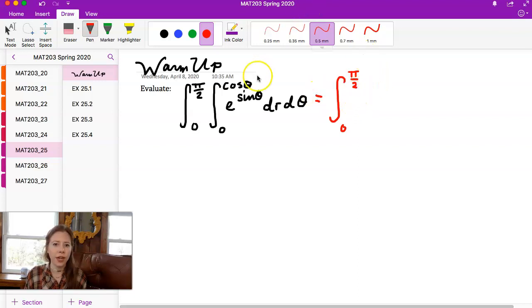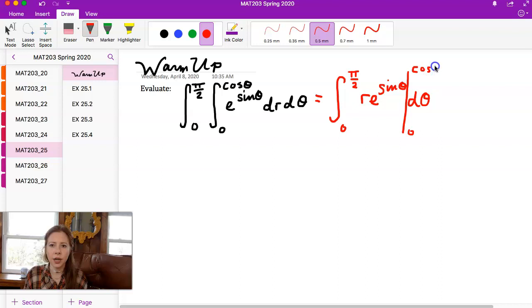And then there's no r in this exponential here, so it's just going to be r times e to the sine theta, so that part's not too bad. And we still have our d theta. And we're going to have to evaluate this from 0 to cosine theta.